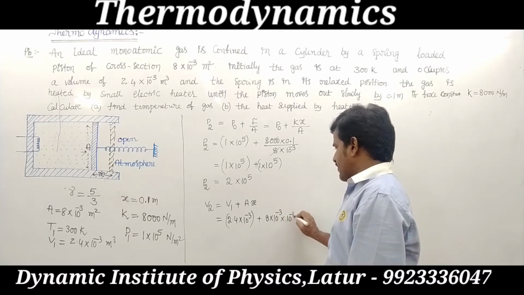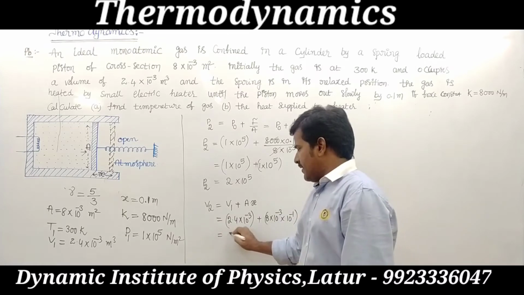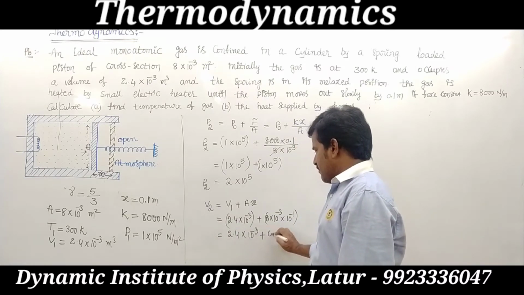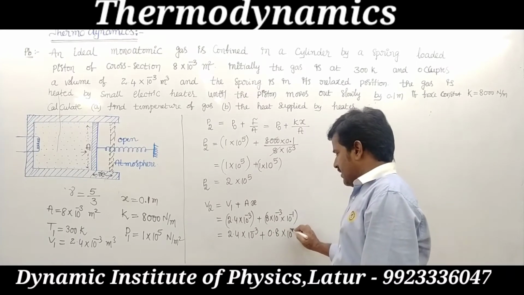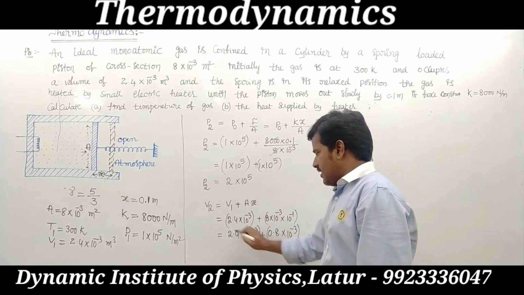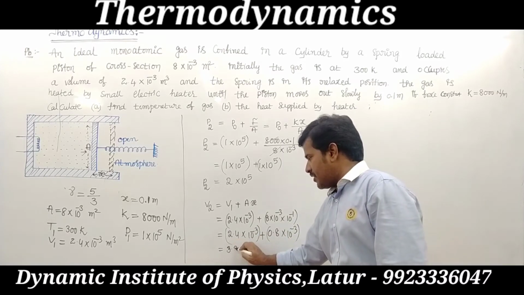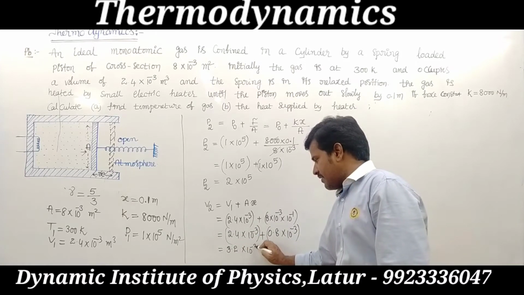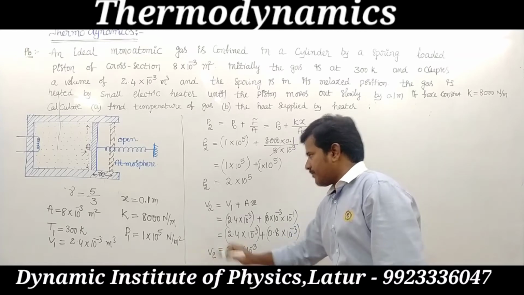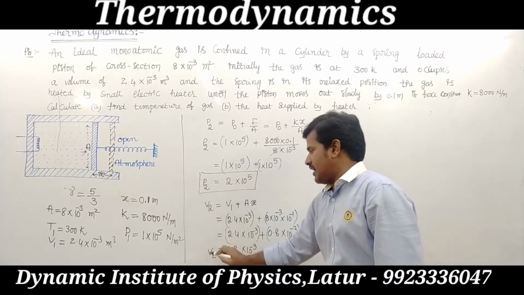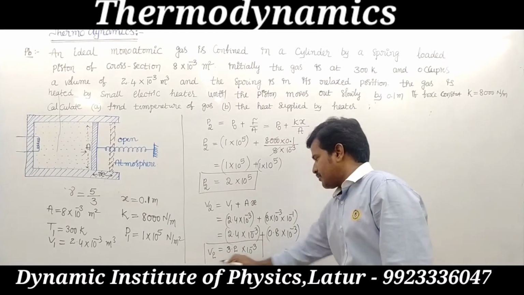That is 2.4 into 10 power minus 3 plus 0.8 into 10 power minus 3. The volume becomes 3.2 into 10 power minus 3. This is V2.